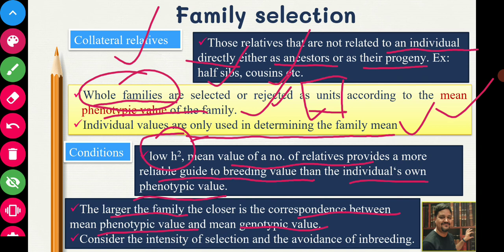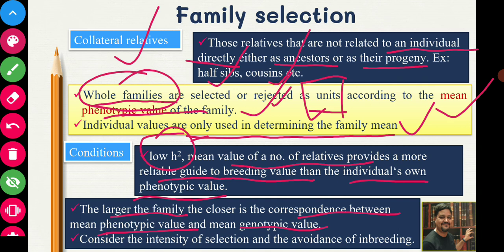Ultimately we find the mean of all these phenotypes. In some individuals it is superior, in some inferior, in some optimum.